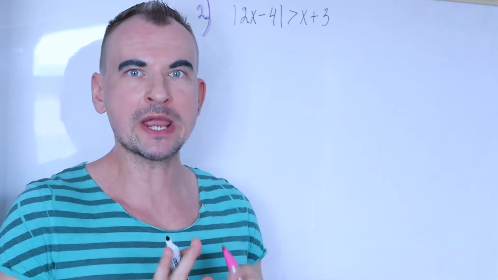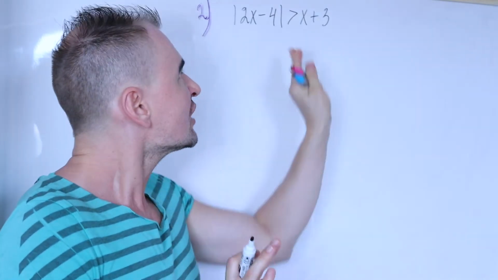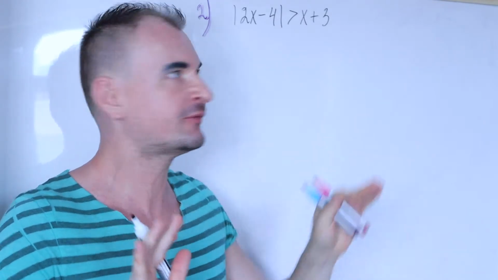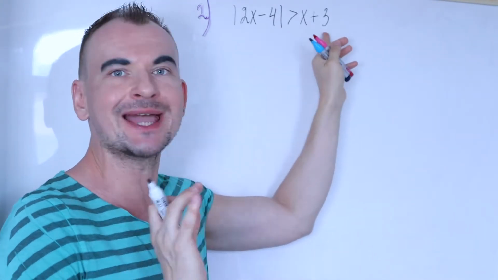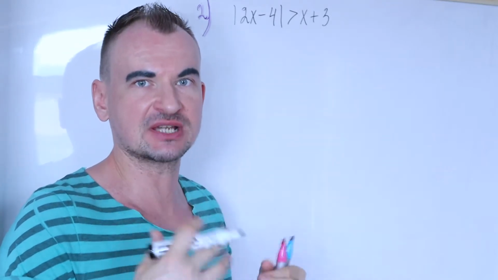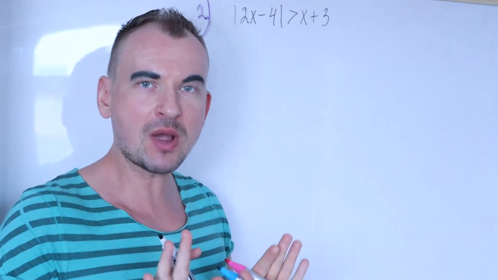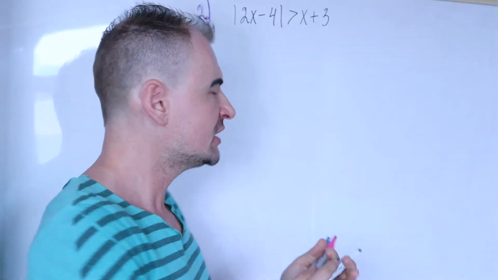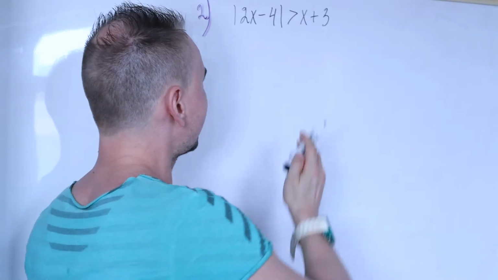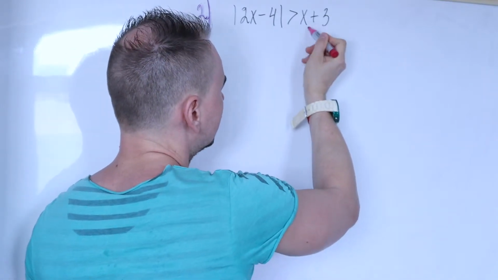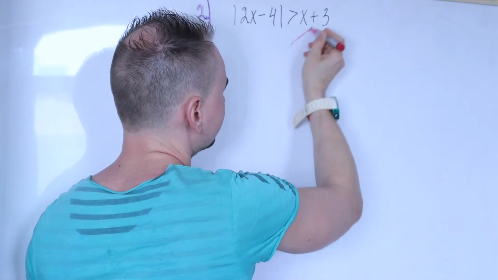Let me show quickly the last one. This is a little bit different from what we did before, since you are given an expression on the right side. Before it was just a single number. However, the steps are the same. All you do is just split it up, break it up into two separate inequalities.